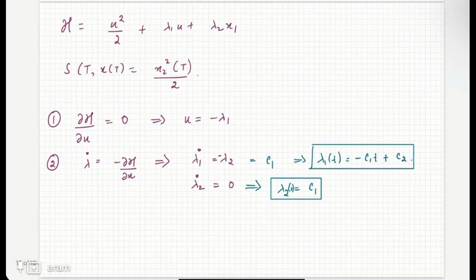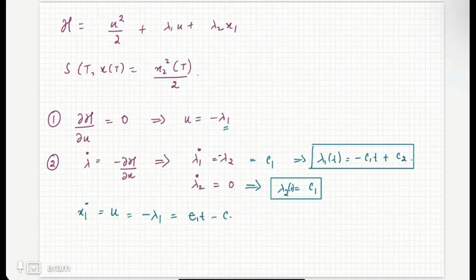Let's see what we can do for x1 and x2. Now x1 dot was given to us to be u, and u we know is minus lambda 1, so it is c1 t minus c2.